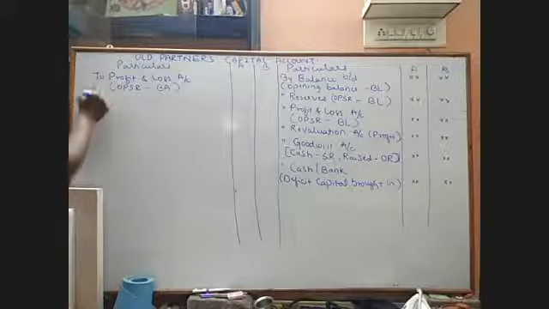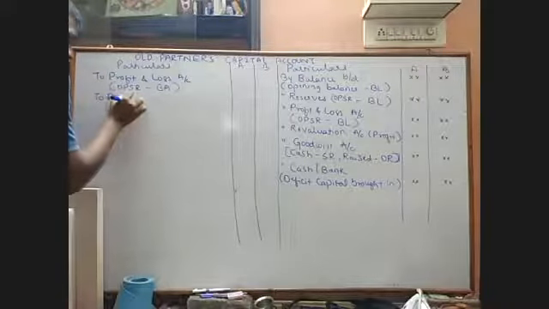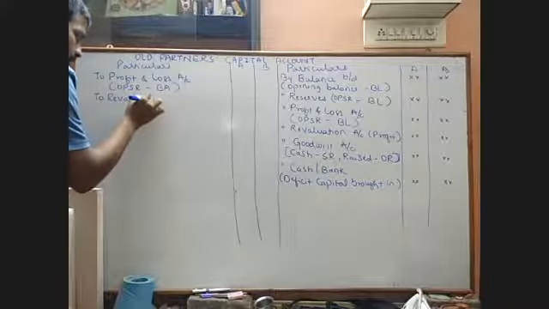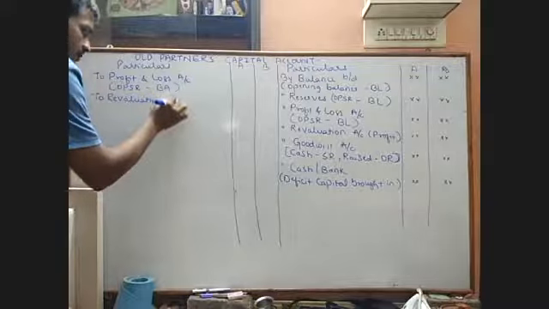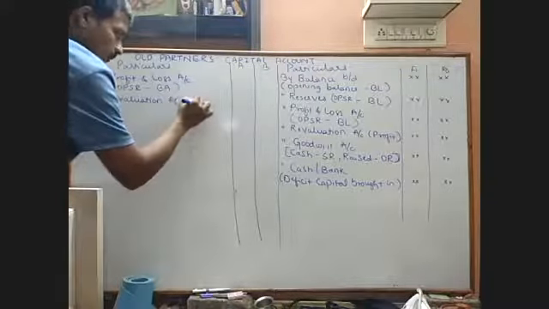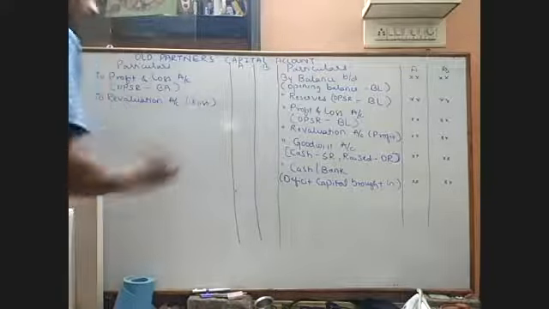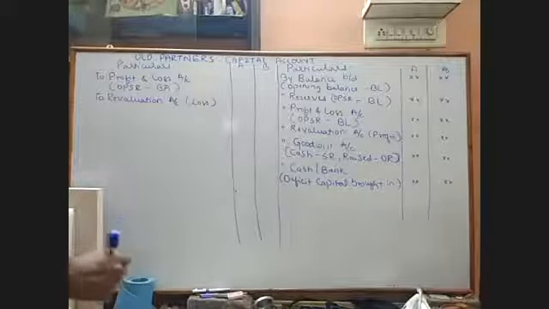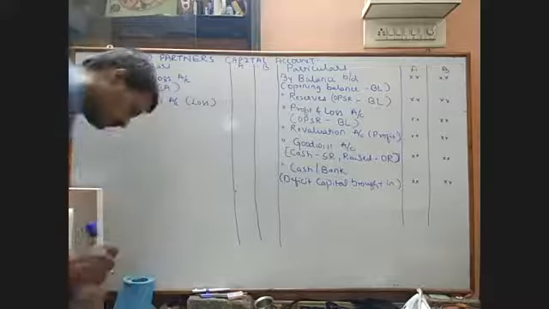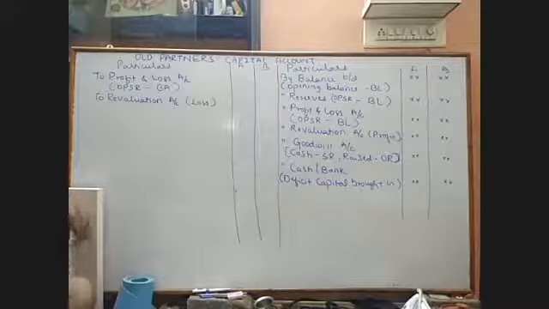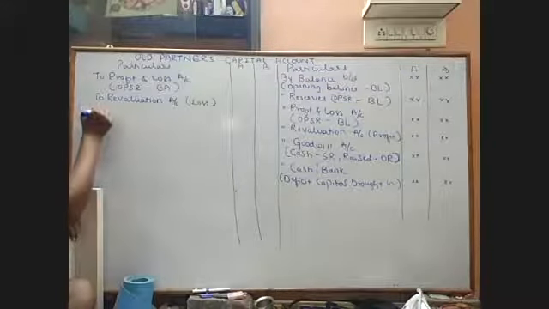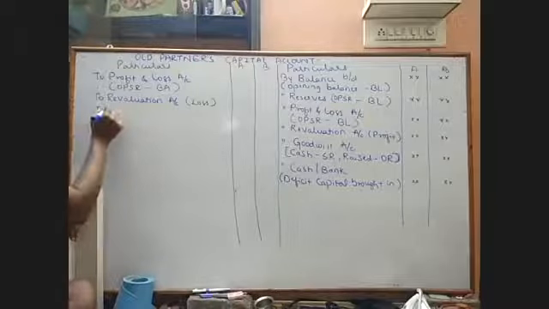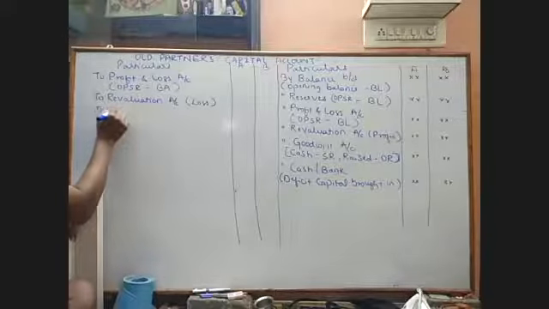Next is to revaluation account, in brackets loss. Next, to goodwill account.